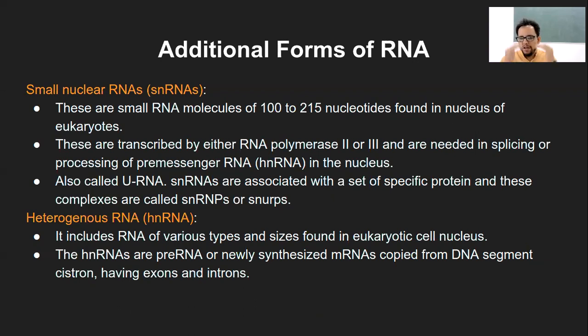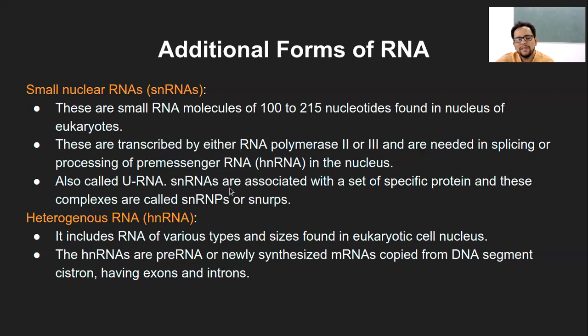Now these introns are removed while the mRNA synthesis happens, and that function is done by this small nuclear RNA. Again, we will see this part later when we talk of splicing. They are also called uRNA. This snRNA is associated with a set of specific proteins because they are involved in splicing, and that's why they are associated with these proteins.